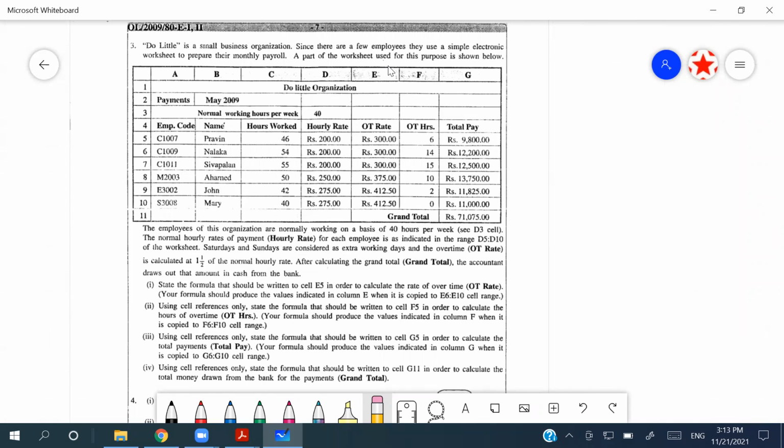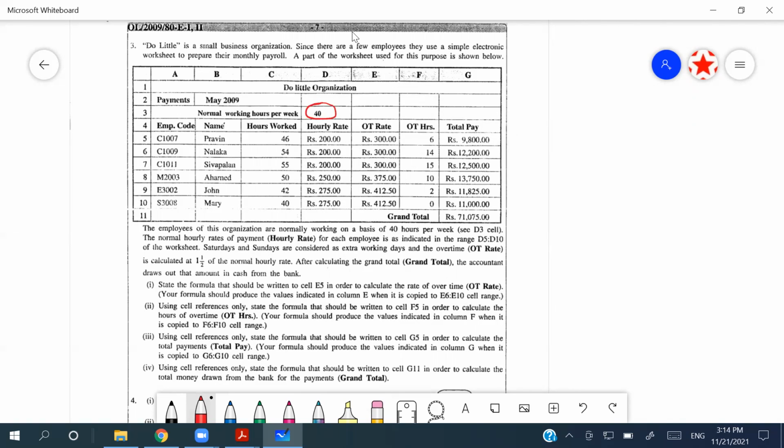So you can see the organization name is there, Doolittle organization, and they have specified the payment period, not the year actually but the month, May 2009, right? And they have given the normal working hours over here.